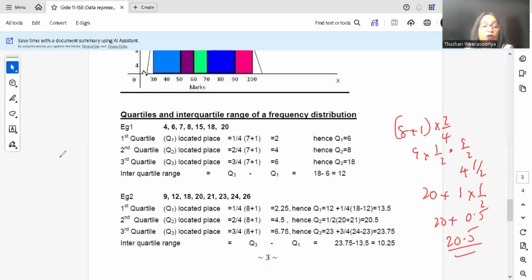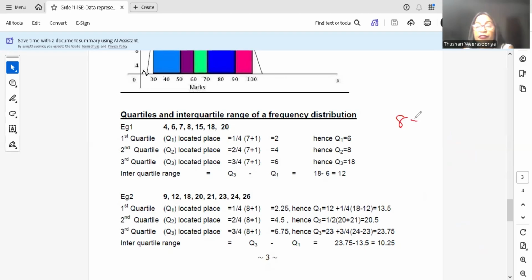We'll go to Q3. 8 plus 1 into 3 over 4. That is 9 into 3 over 4. This is 27 over 4. That is 6, 3 over 4. What is the sixth number? 1, 2, 3, 4, 5, 6.